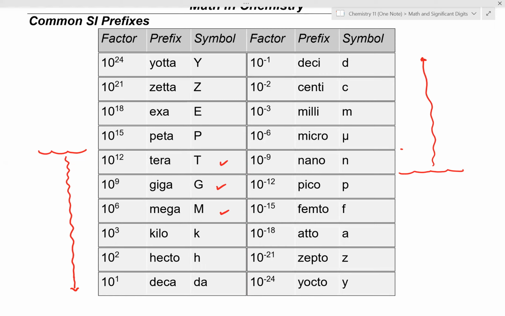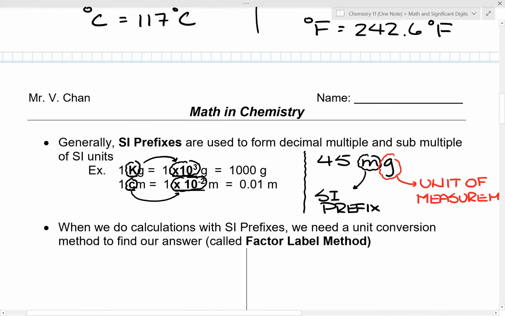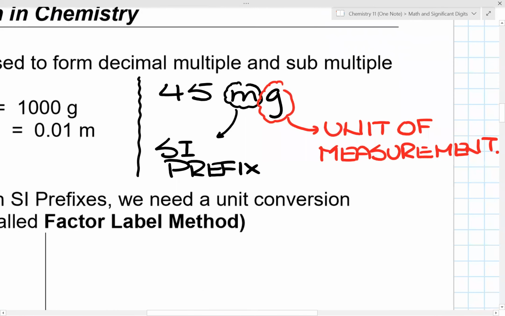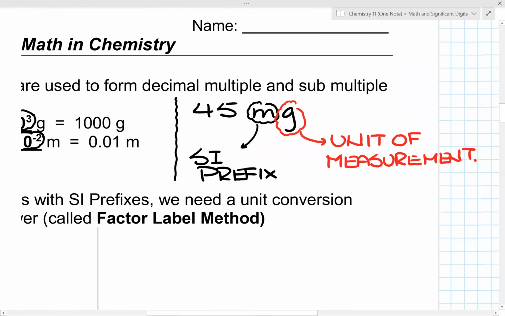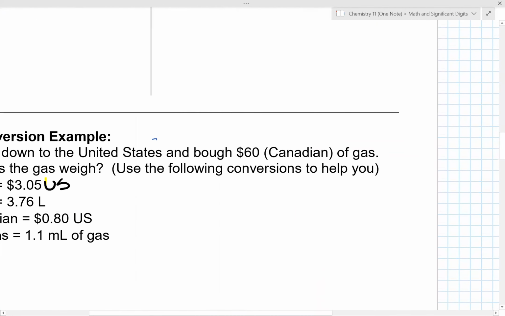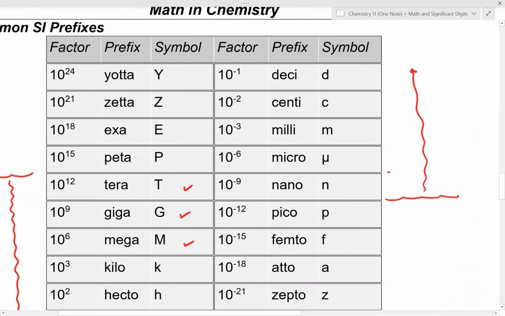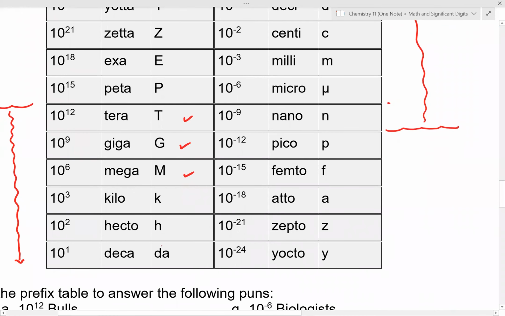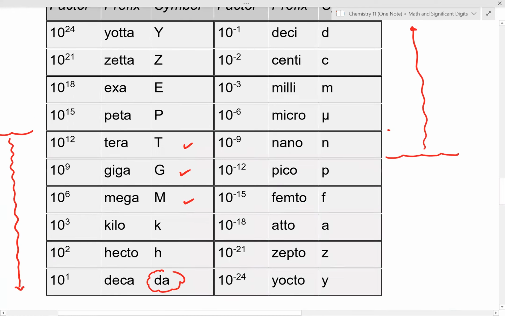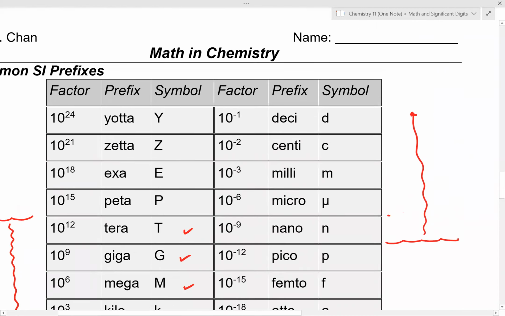If I said nanograms, that would be 10 to the negative 9 grams. Now, again, remember I said that there are exceptions to this little rule about the first letter being the SI prefix and the second letter being the unit of measurement. If you take a look, deca is DA. So there are actually 2 letters to represent the prefix. Okay.